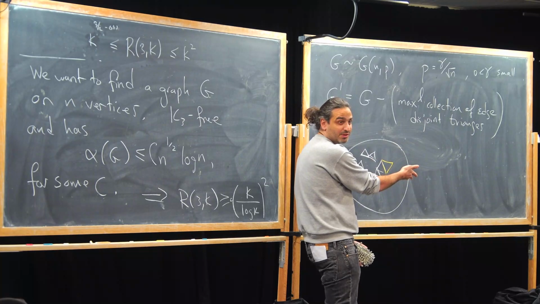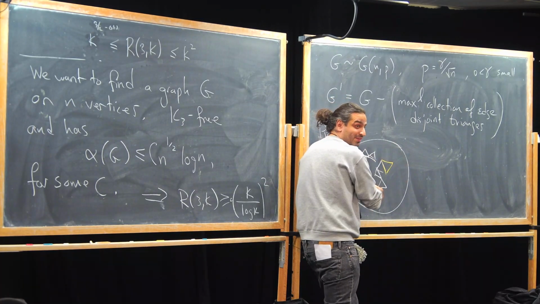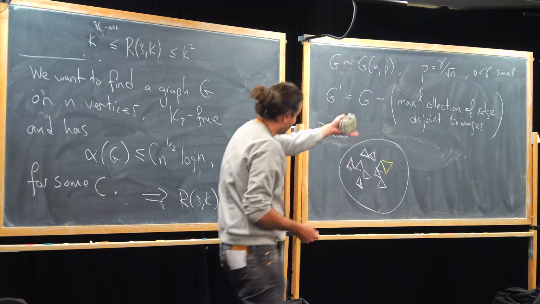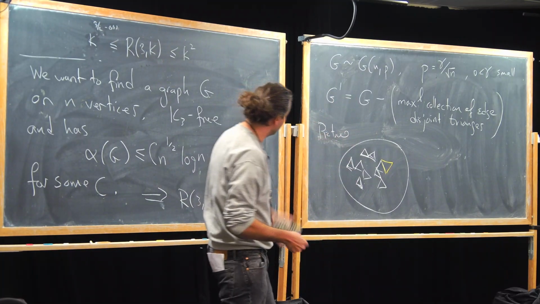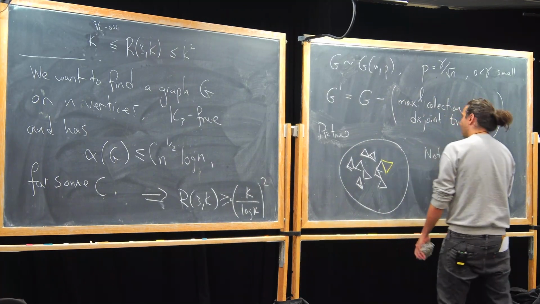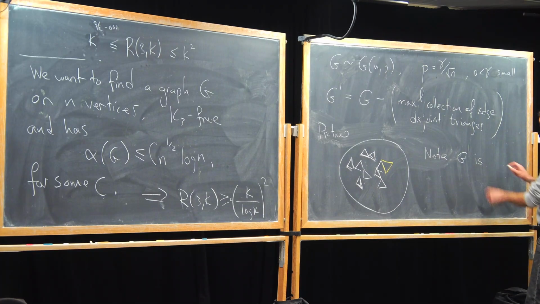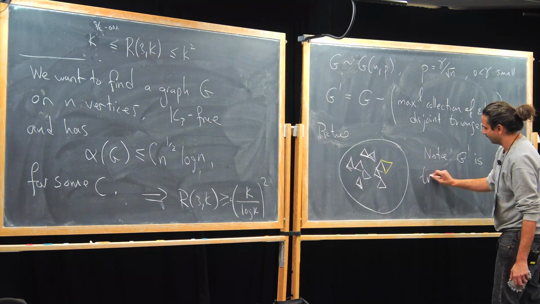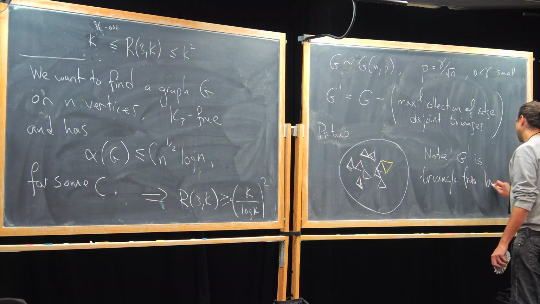The remaining graph better be triangle-free, right? Otherwise I would have found a triangle not in this collection, contradicting the maximality. So note, G prime is triangle-free by definition.